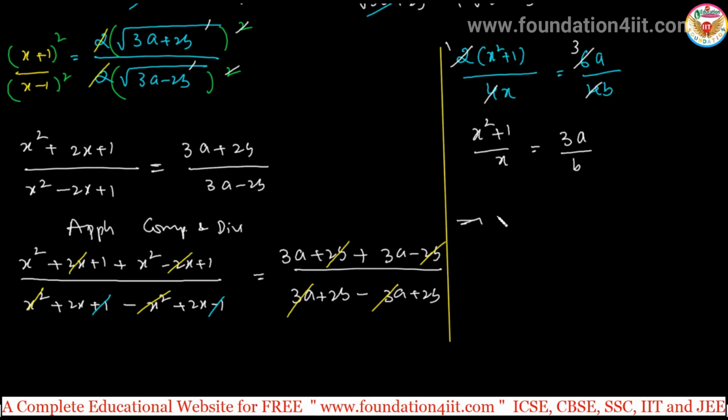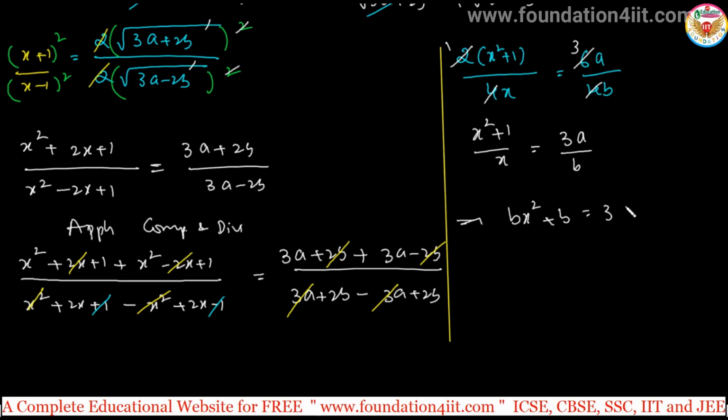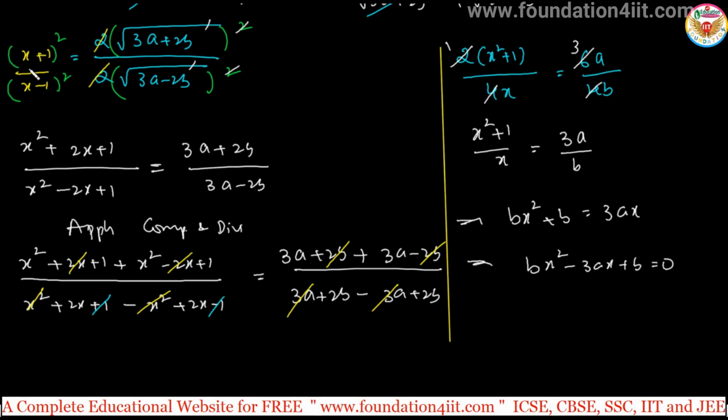So bx square plus b is equal to 3ax. Take all the terms one side. Then bx square minus 3ax plus b is equal to 0. So this only is what we are supposed to prove.